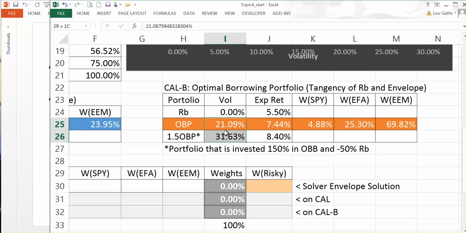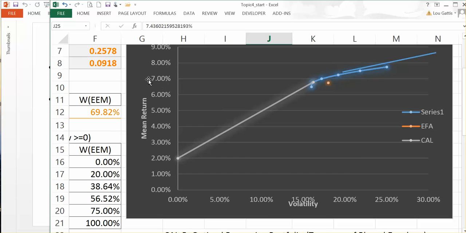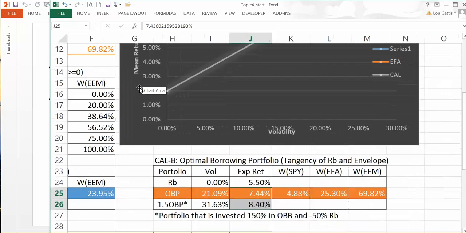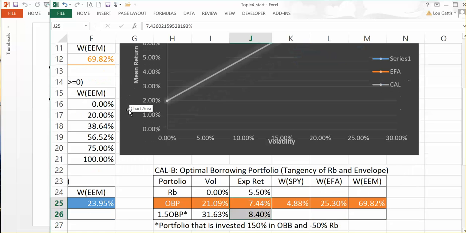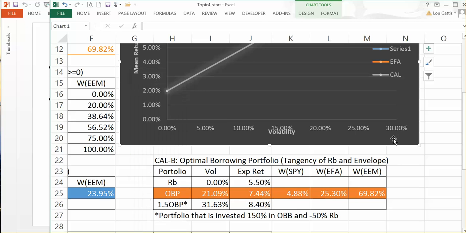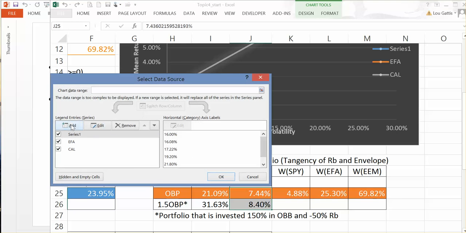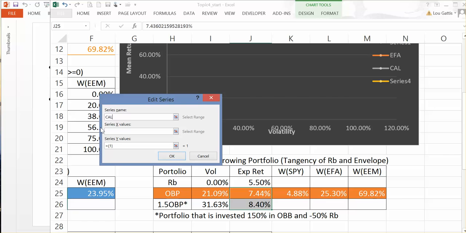Now I can add these 2 data points and see the line segment. So I'm going to right click on my graph, select data. I'm going to add, I'm going to call this CAL borrowing.